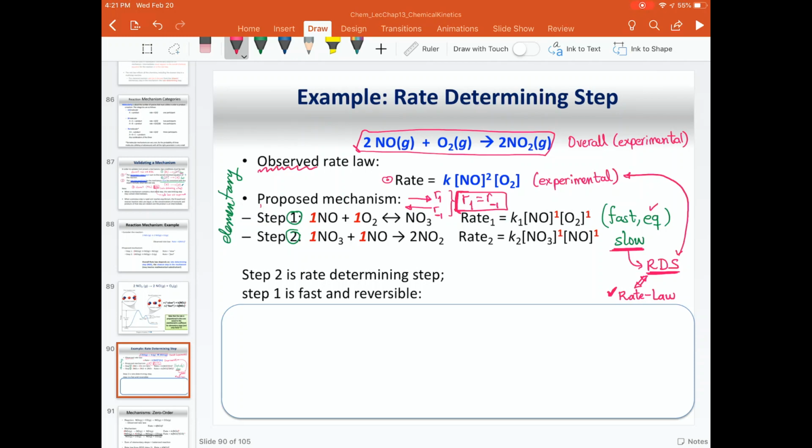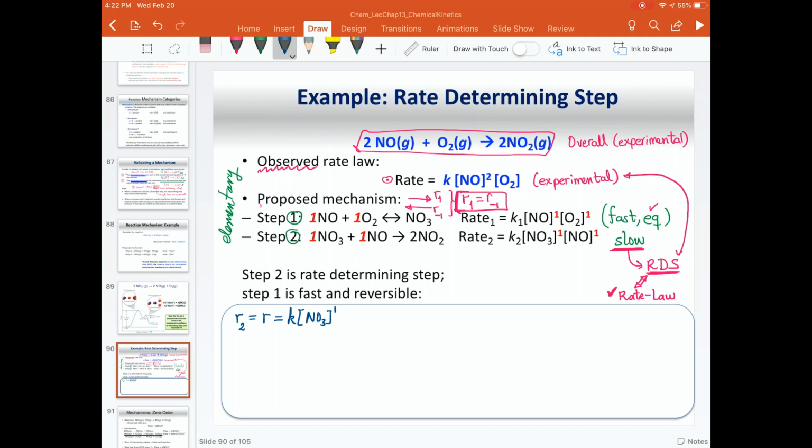So let's see. Now we think about the rate determining step. That's the one I have to focus on to write the rate law, and that has to be compatible with the experimentally determined rate law. So according to this, and using the molecularity of the reaction, the rate of the second step, which is basically the rate of the reaction because it's the rate determining step, is going to be k times the concentration of NO3 to the power of 1.